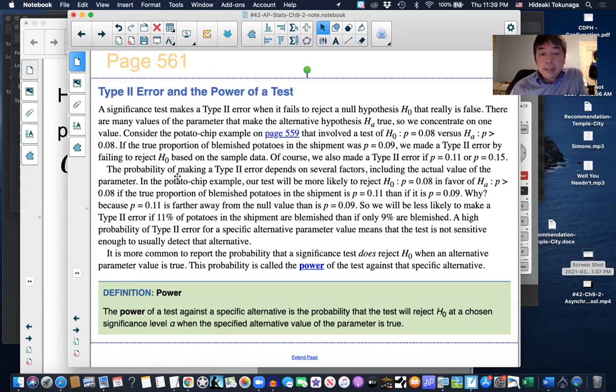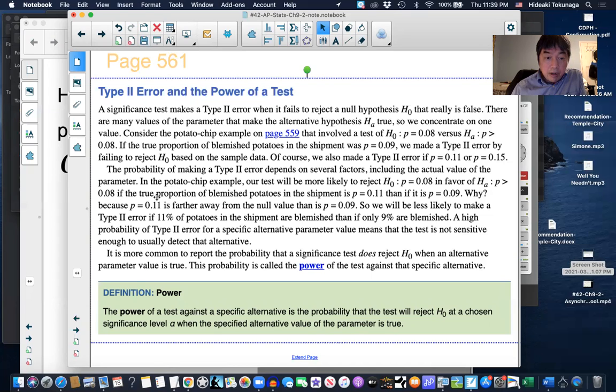The probability of making a type 2 error depends on several factors, including the actual value of the parameter. In the potato chip example, our tester will be more likely to reject the null hypothesis p equals 0.08 in favor of the alternative hypothesis p is greater than 0.08.